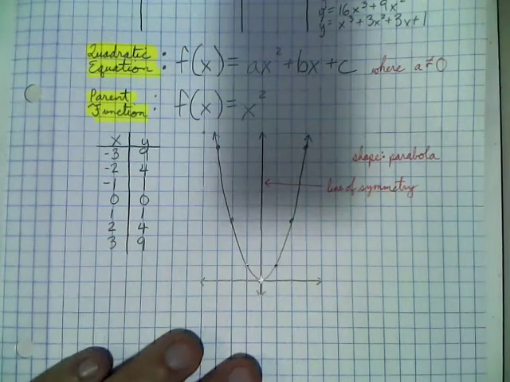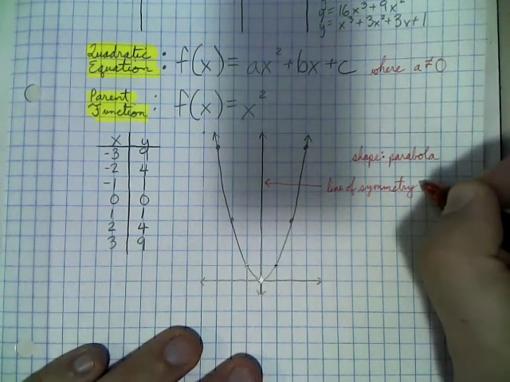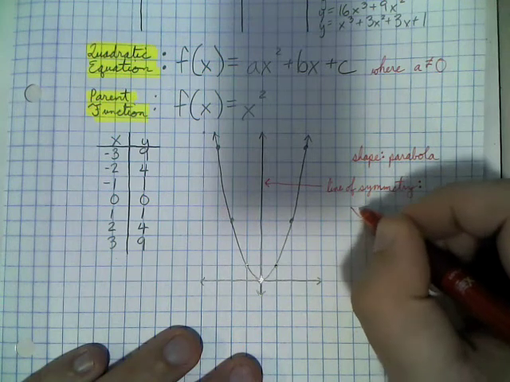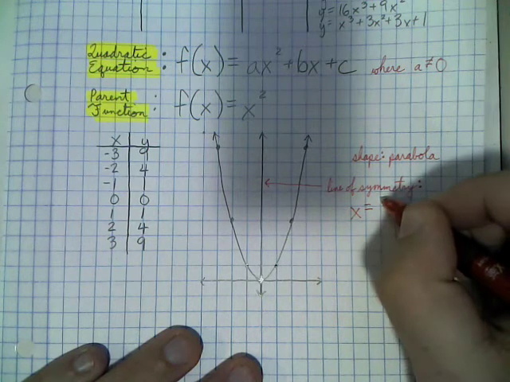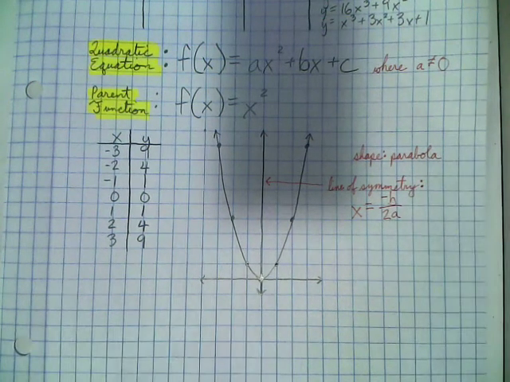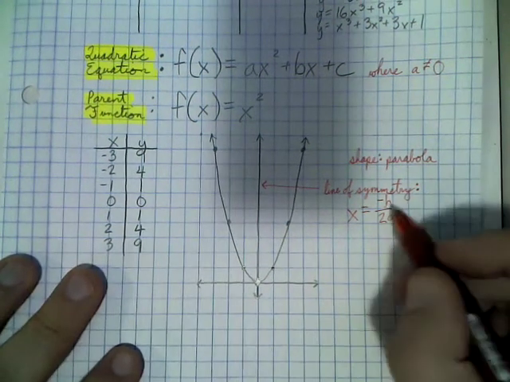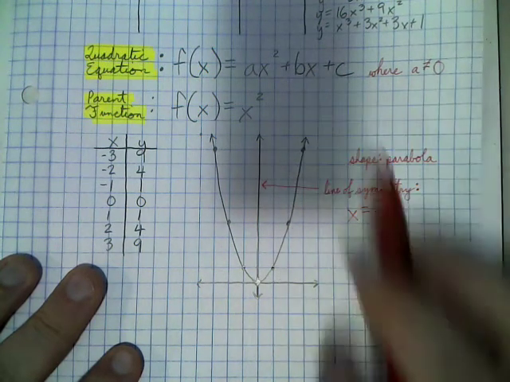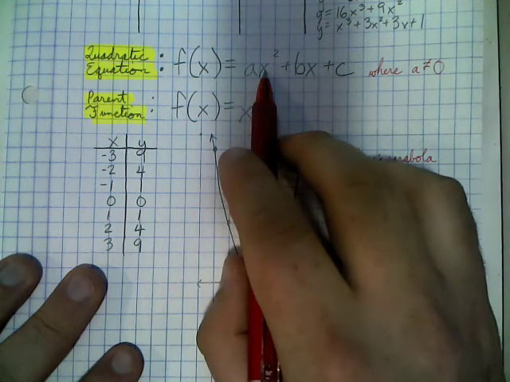However, this is not always going to be the case, so I'm going to do you a huge favor here. Your line of symmetry, in general, is going to be the vertical line whose equation is x equals -b over 2a. Now, what does that mean? Well, b is the coefficient of x, and a is the coefficient of x squared.